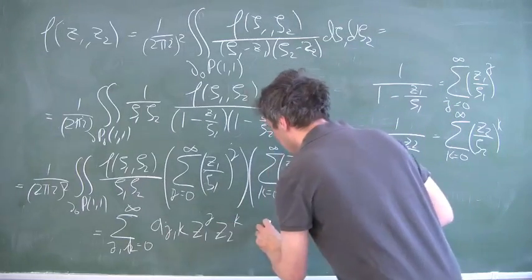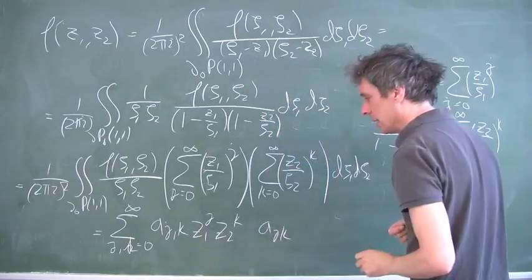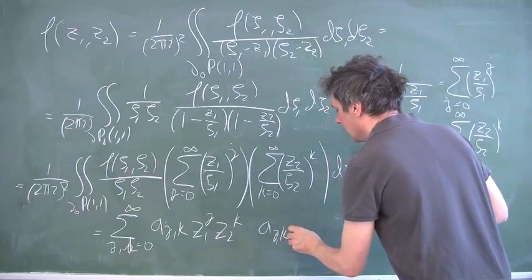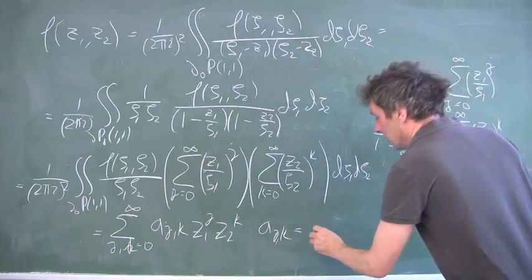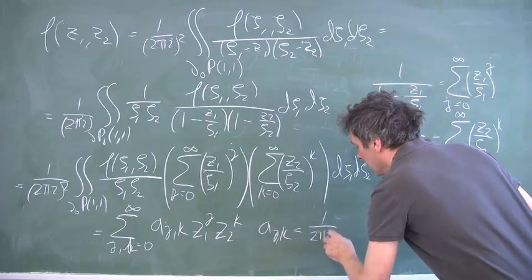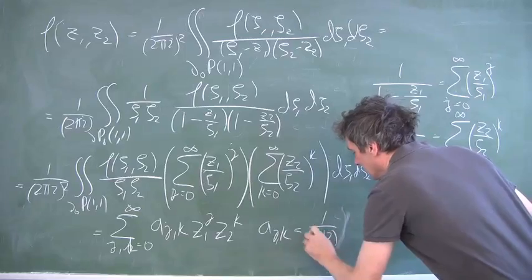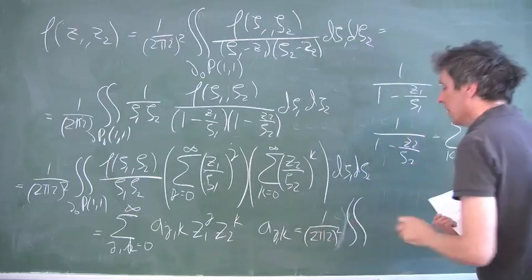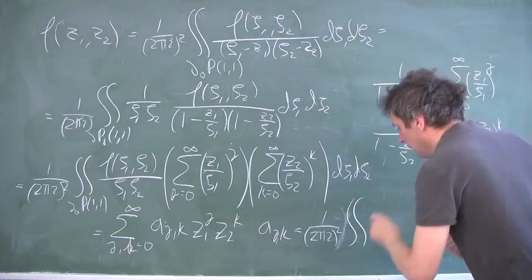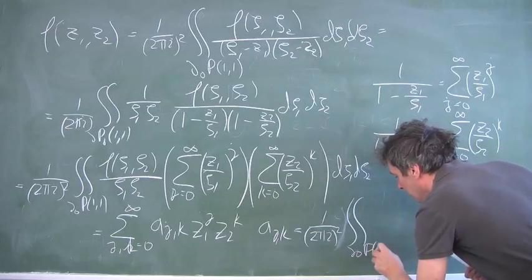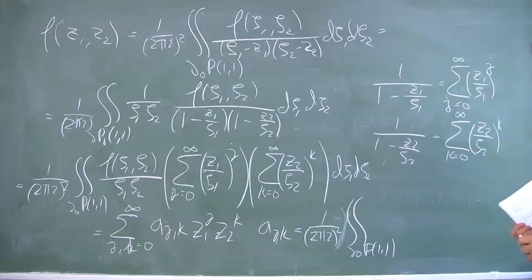And the a_jk here will be just 1 over 2 pi i, well, squared, times the double integral over the distinguished boundary of the polydisk.